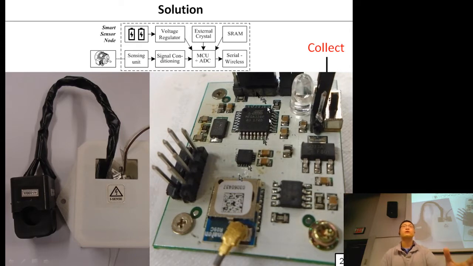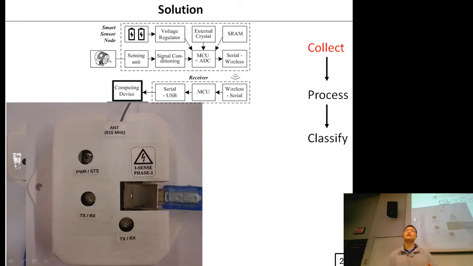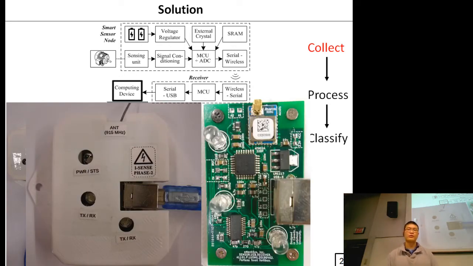It is as per what my diagram here shows, where we have a voltage regulator, an external crystal, SRAM, wireless transmission module, and a microcontroller unit with an analog to digital converter inside it. The receiver looks like this, where internally it is basically wireless part, the microcontroller, and the serial to USB converter, so that I can connect directly to a computer and get the data.